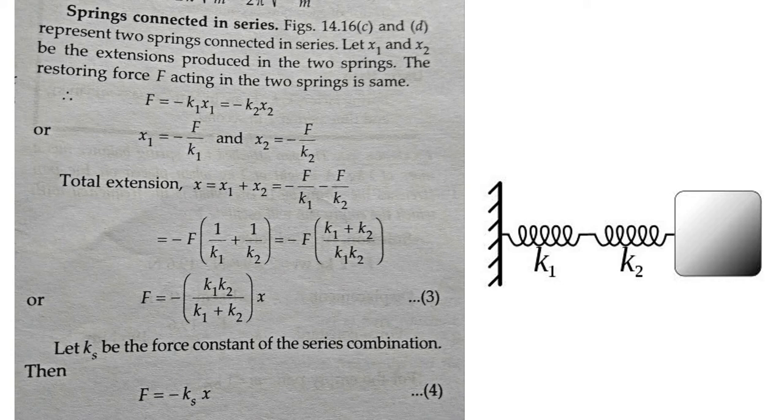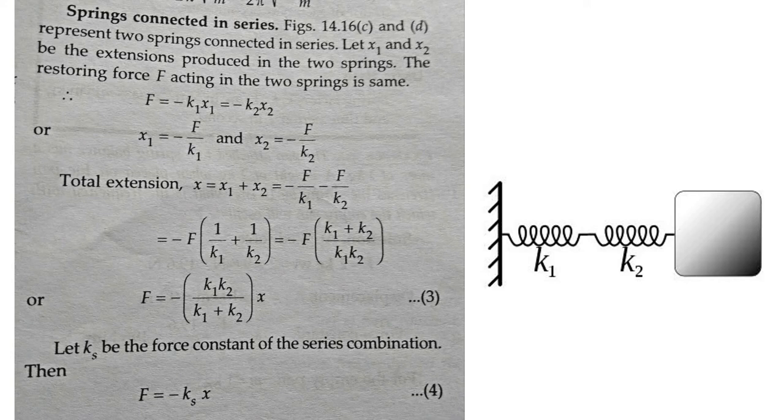So if you replace these two springs with a single spring having force constant ks, we can write F is equal to minus ks into x. So if two springs are connected in series, the effective spring constant is given by k1 k2 by k1 plus k2. Okay, so this relation is very important.